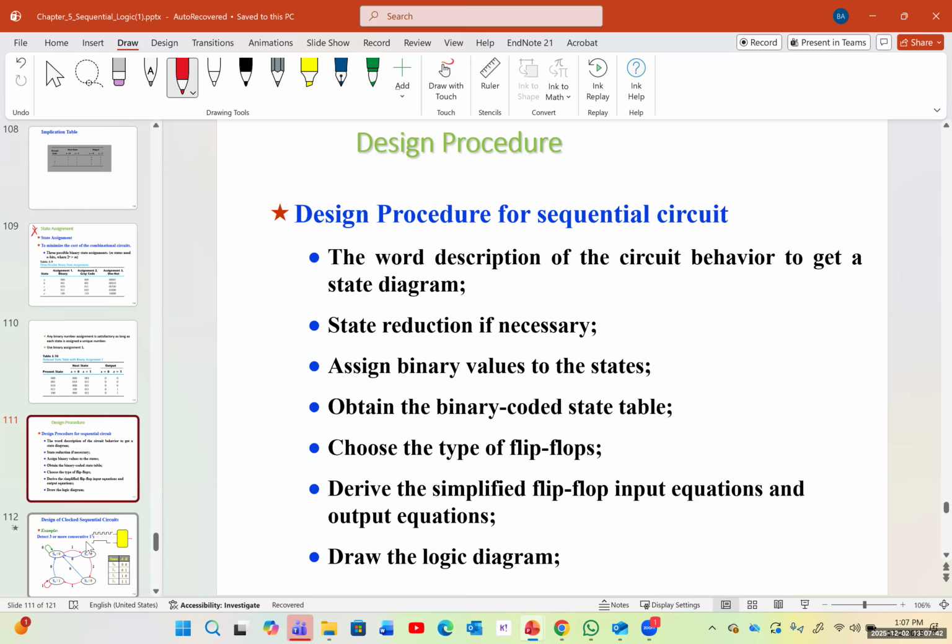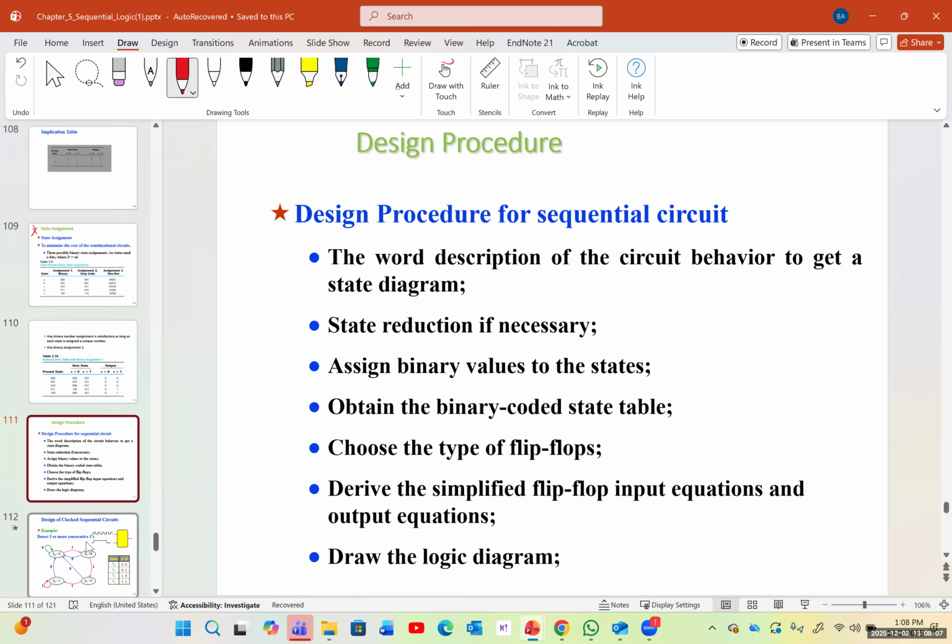And sometimes they would simply ask to use a sequential logic circuit to represent a state diagram or a Boolean function. So they will give us a state diagram or a truth table, and we have to figure out the design using it. And I'll give you an example for that.